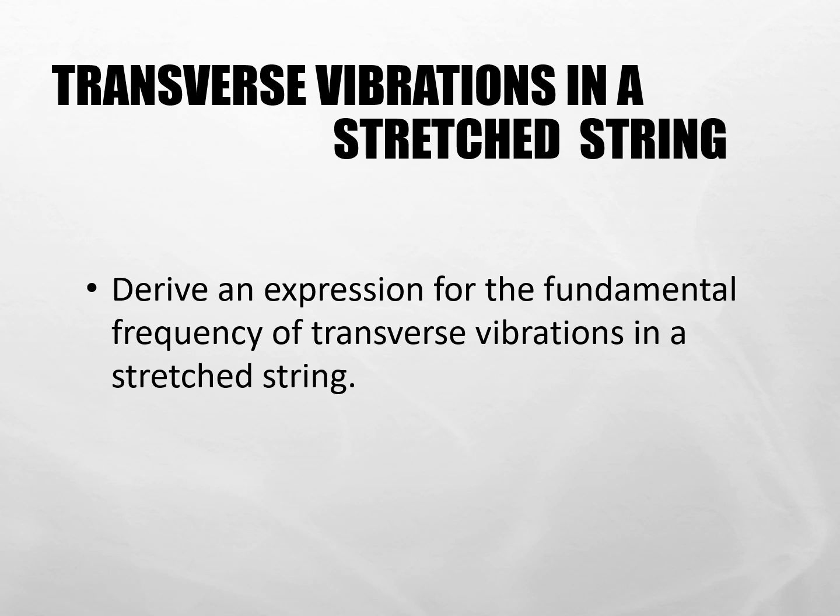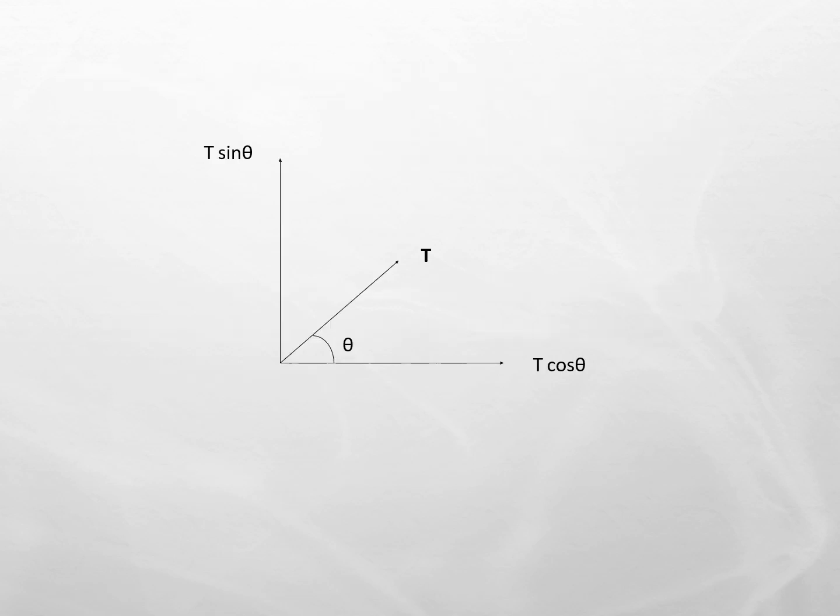Now next is an essay where we derive an expression for the fundamental frequency of transverse vibrations in a stretched string. Now before going to the essay, you are supposed to know certain things, like if T is a vector which subtends an angle theta with the horizontal.